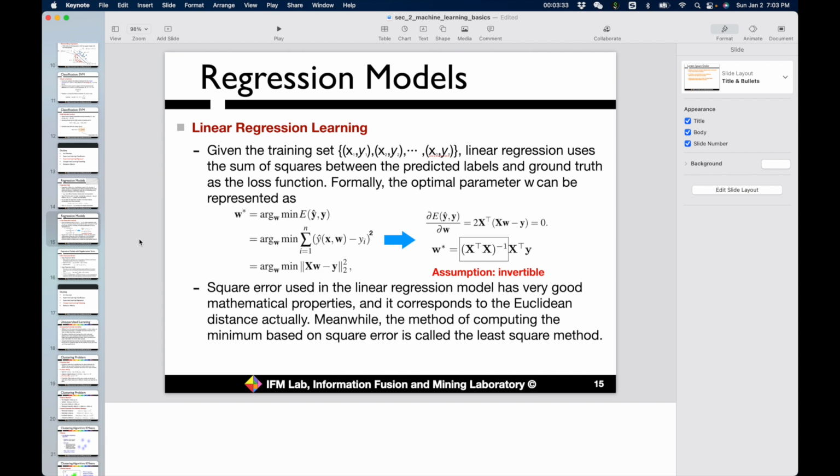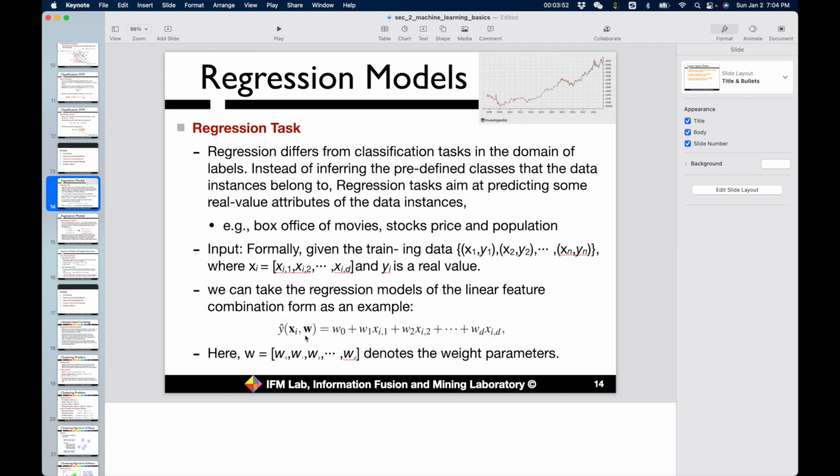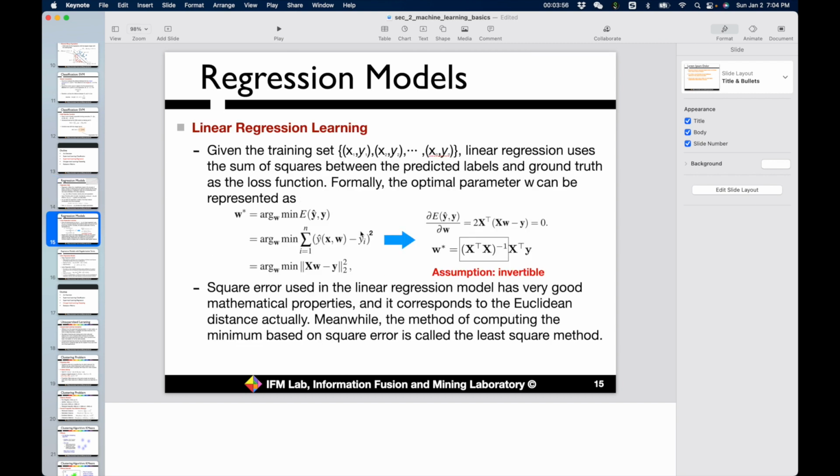Let's assume we are given a training set involving both features and known value outputs. According to the linear regression model we defined before, we can generate some predicted values by the model, right? And we can further compare the output by the model versus the true outputs of the instances, right? By comparing their differences, we can define the difference or the loss term for model learning, right?